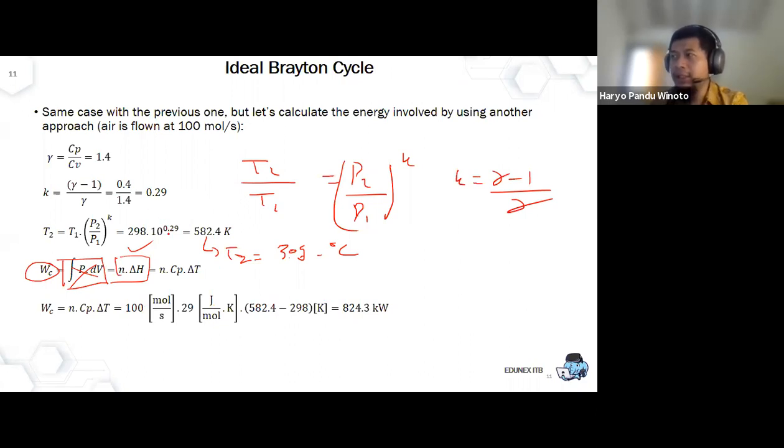Be really careful, because everything in here is always stated in Kelvin, never in degrees centigrade or Celsius.